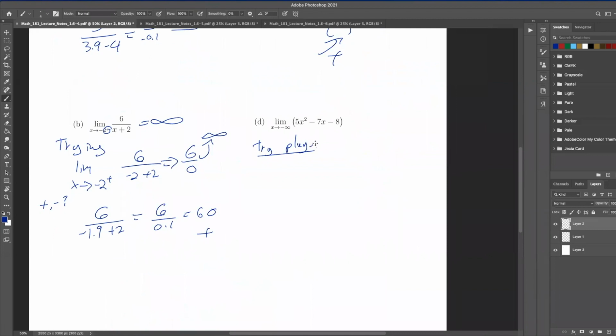So try plugging it in. And so what we get here is, if I plug that in, I get infinity squared minus 7 infinity. Oh, no, this is minus infinity. Hold on. Let me fix this.